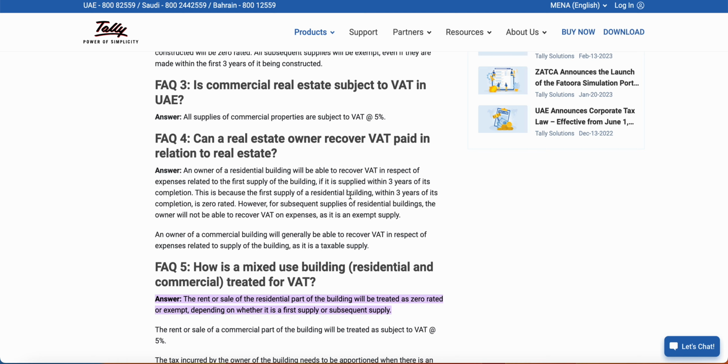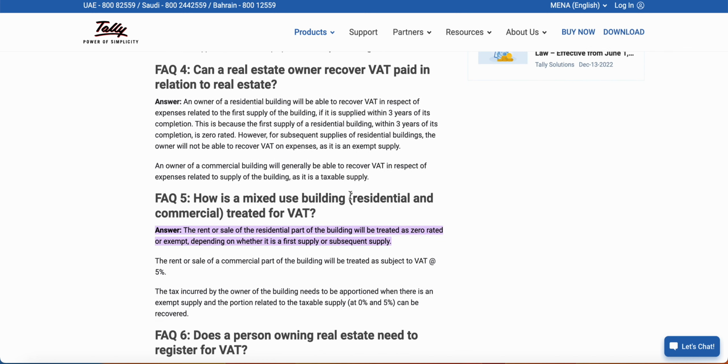So that VAT will be input tax for them, but when they sell the property, it is exempt supplies, and they will not be able to adjust this 5%. So it will be included in the cost of their purchase of that property. So 5% will be added. So in this way, there is a difference of commercial.